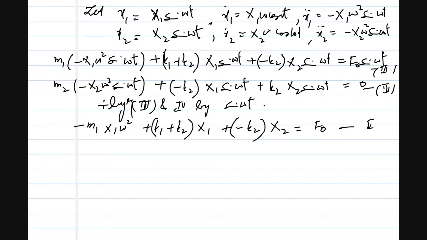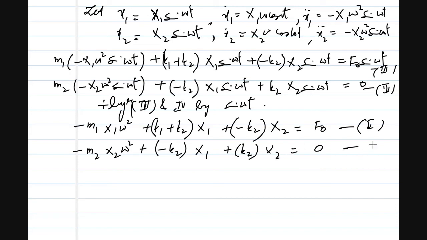We call it equation 5. And minus M2 X2 omega square plus minus K2 X1 plus K2 X2 equals 0. We call it equation 6. Why 0? Because the force is only applied on M1, not on M2.